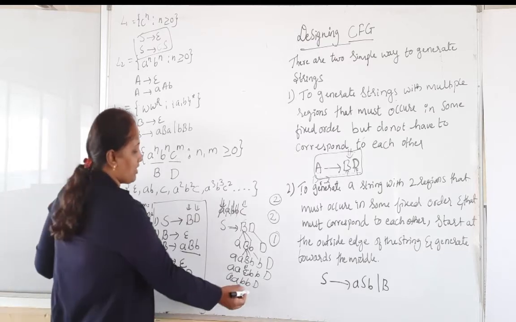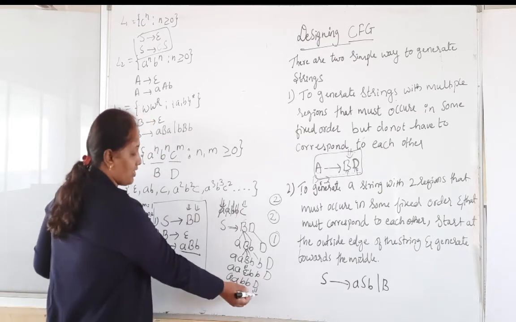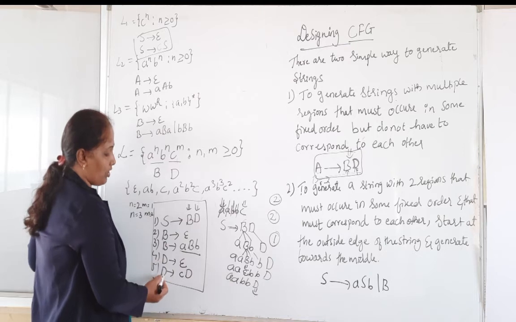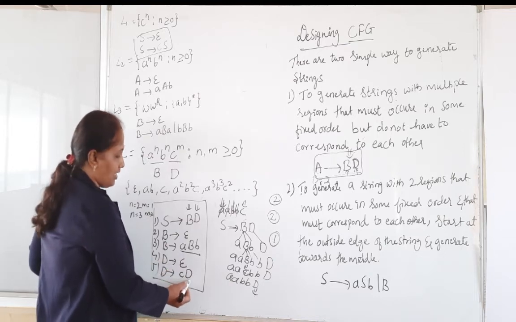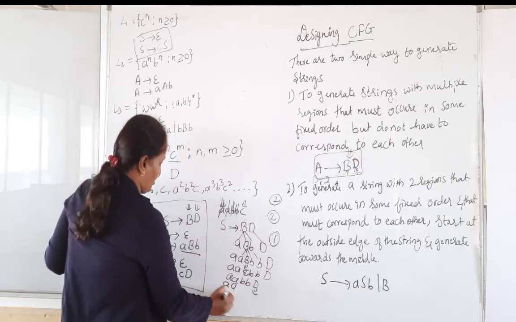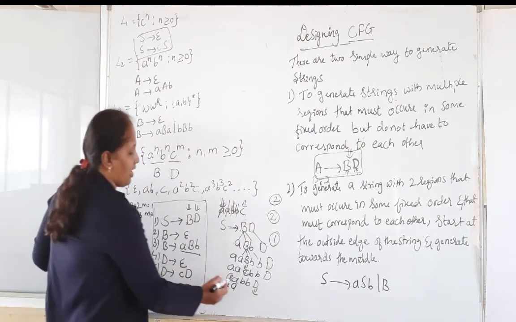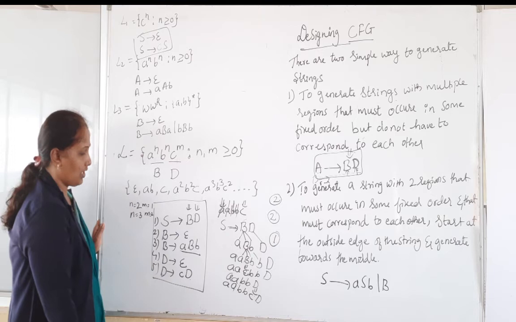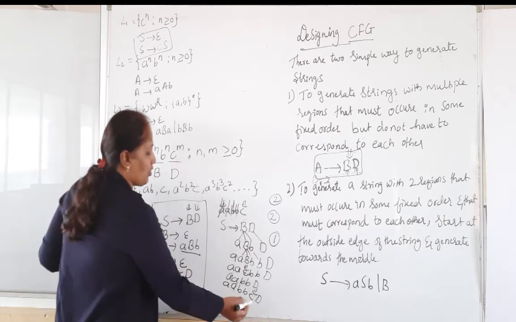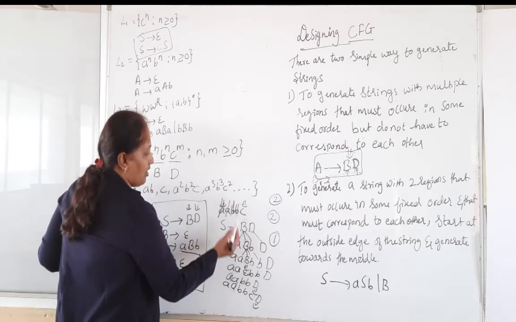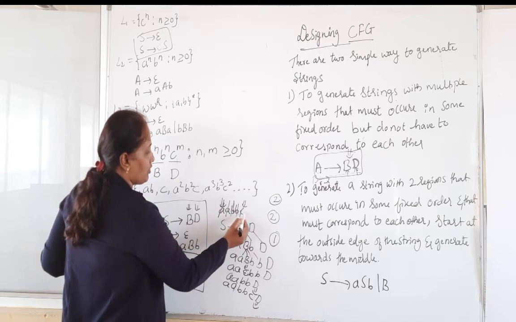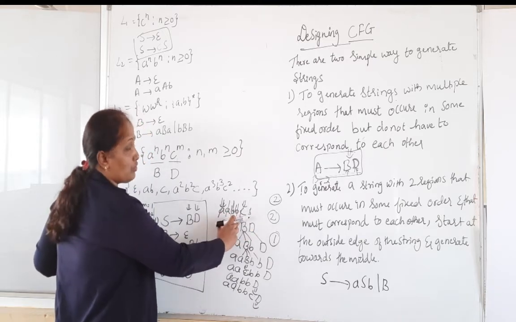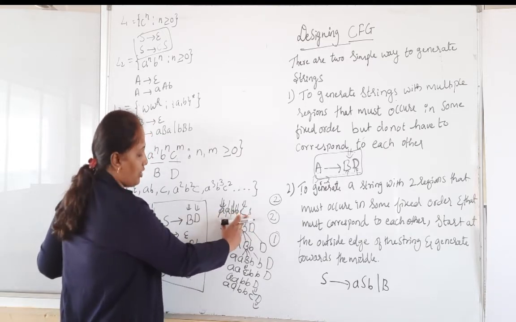To accept that, what must I derive for this D? D has two productions here. One is epsilon, one is CD. So according to production 5, I will derive this D as CD. Next, what must I derive for this D? Check out the input string. Here the input string is over. I reached the end of the input string.